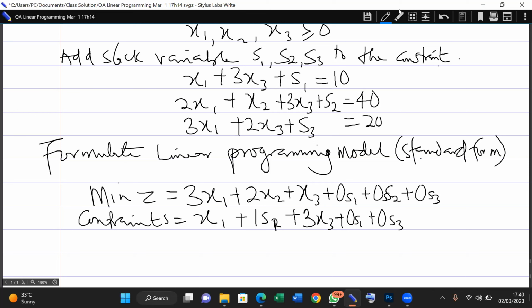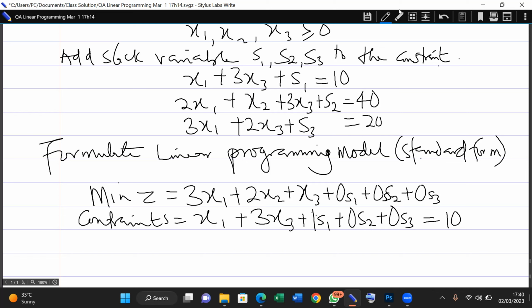And if you know that you will not understand it like this, just write the equation the way you are given. x1 plus 3x3 plus 1s1 plus 0s2 plus 0s3, and this will give you what? 10.